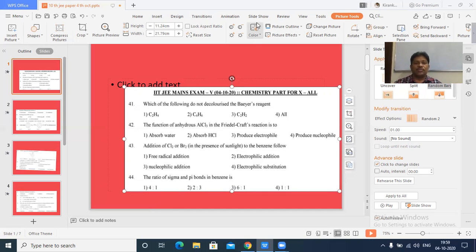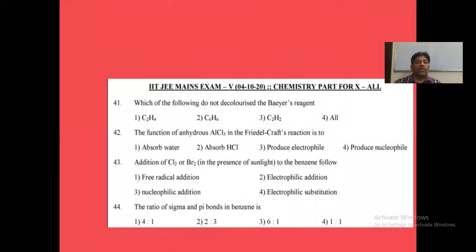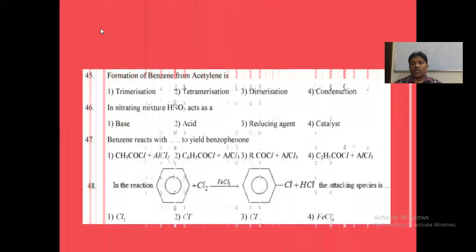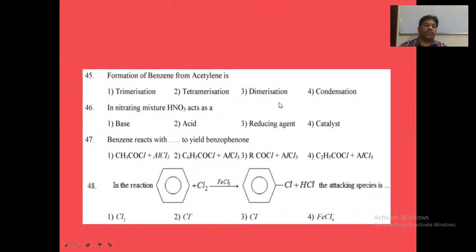So next, now it is about the first 4 questions, right? Now the next question, see here. The formation of benzene from acetylene. Acetylene formula is C2H2.